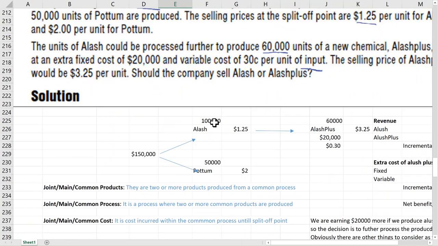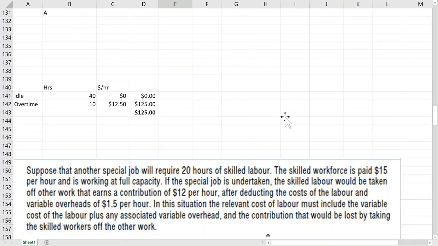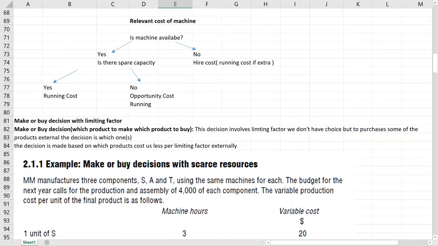Okay, now let's look at decisions that we are making. One of the decisions that we are making is the make or buy decision. Make or buy decisions are of two types. One is make or buy decision with limiting factor or with scarce resource. Another is make or buy decision without limiting factor, without scarce resource.